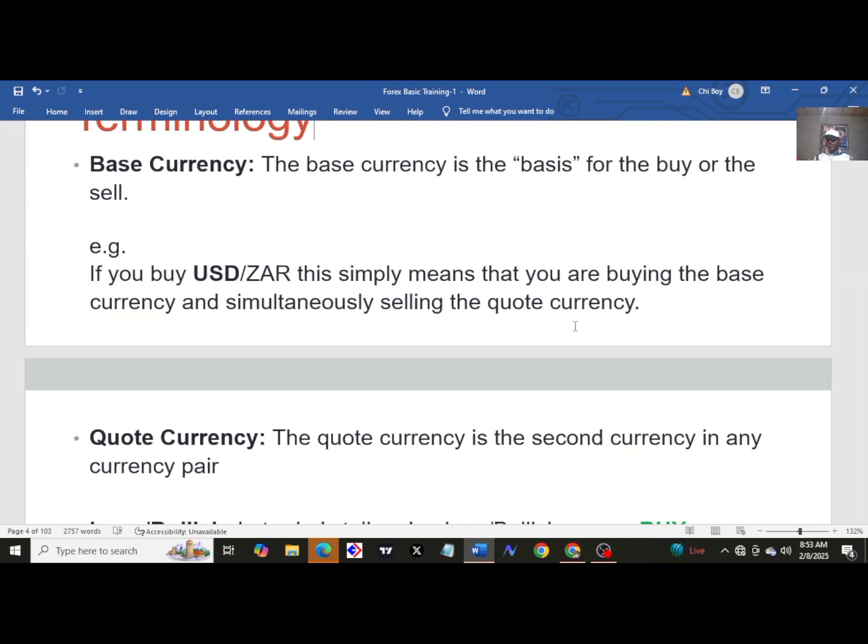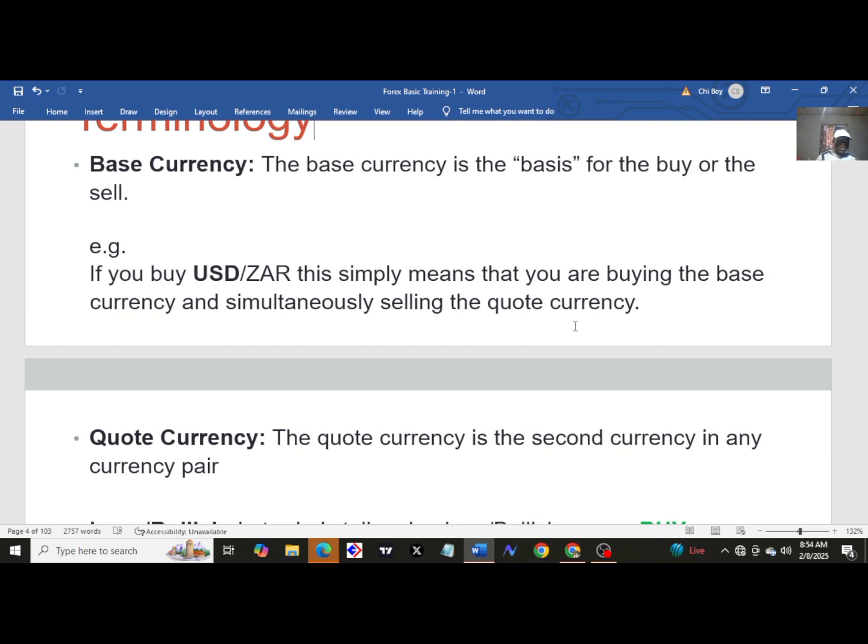You are buying in the foreign market. Let's use a physical life example. Say you have South African rand, and you are in the US. You want to get US dollars. What happens? You are giving your rand to the bank, which means you are selling it to them, while they give you back US dollars.